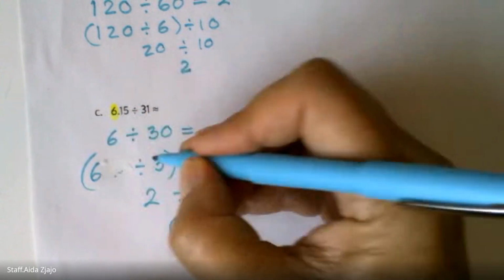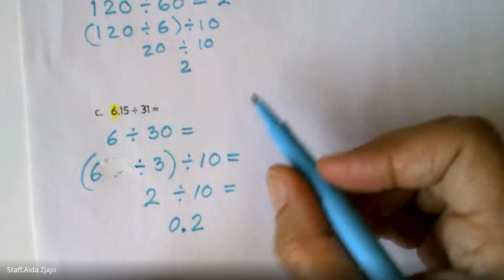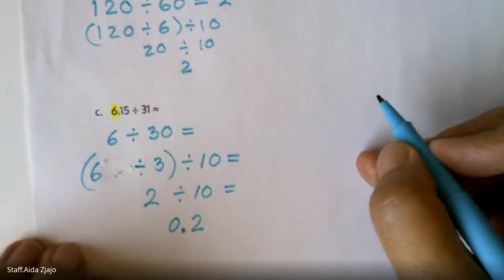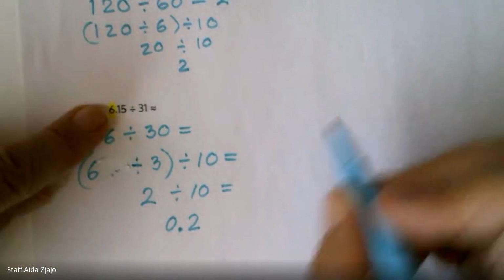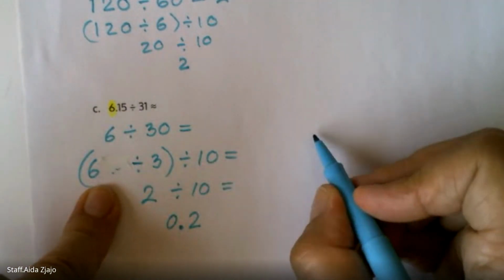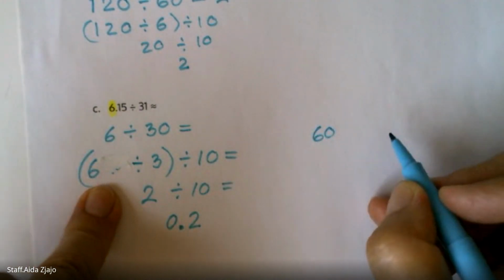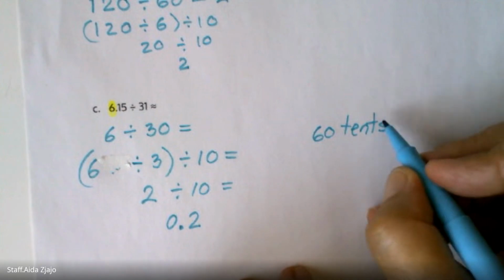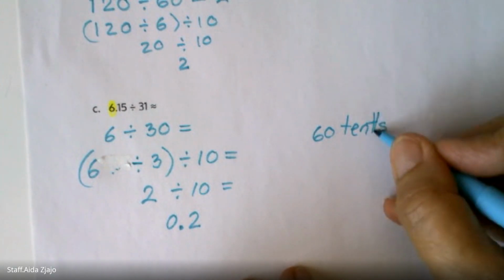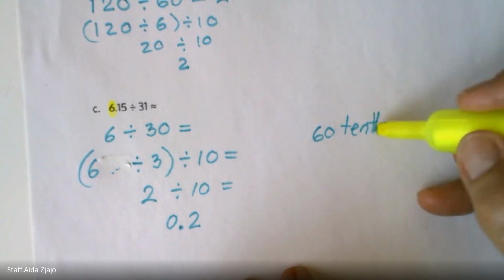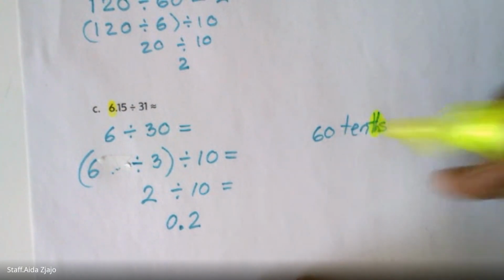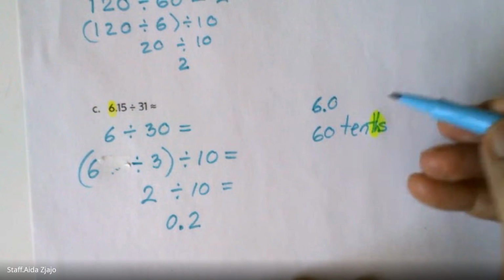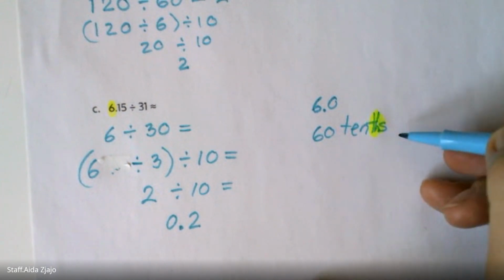So you can also think about this because if I think that $6 is 60 tenths, what that means is if I have $6, then I can change that into 60 tenths.